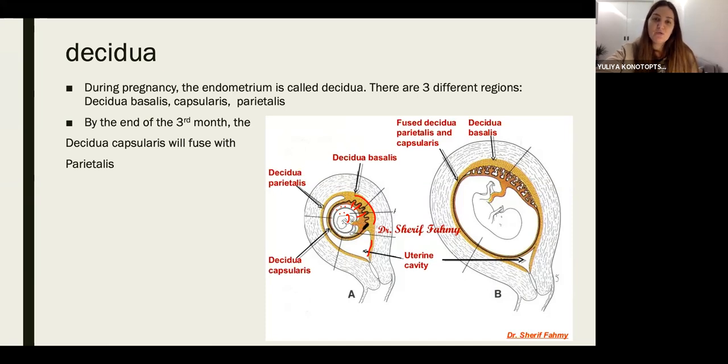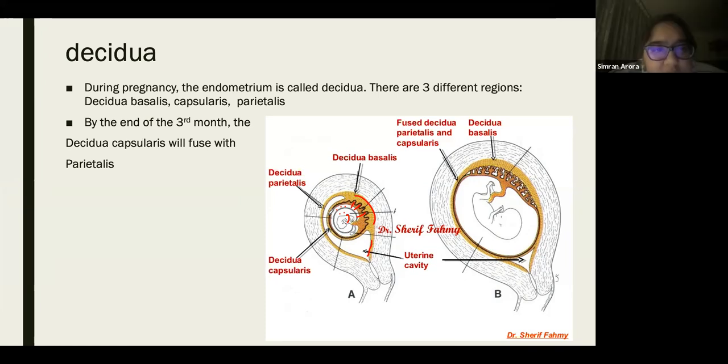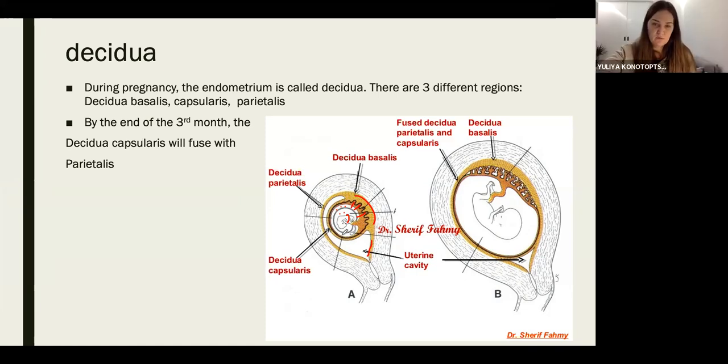So could you tell me what is on the top of the chorion leve? The decidua capsularis. Very good. Decidua capsularis, is it maternal or is it fetal? Maternal. What about chorion leve? Is it maternal or is it fetal? Fetal. Okay, so this is fetal.